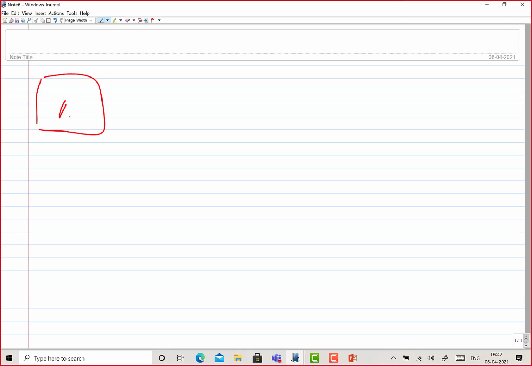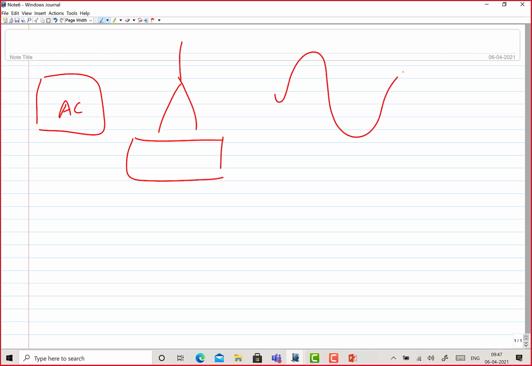In AC welding, the polarity keeps changing after every half cycle. So there is no control over the heat generation, and since the current also becomes zero after every half cycle, there is no flow of current.